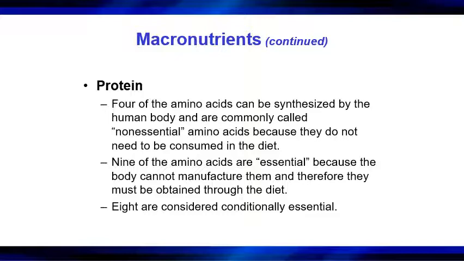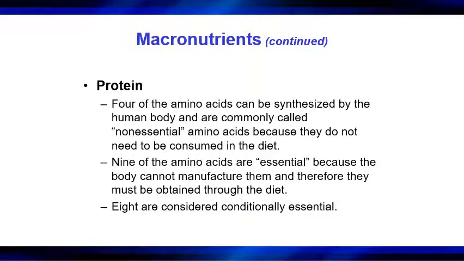And proteins are made up of amino acids. 4 of the amino acids can be synthesized by the body and are considered non-essential amino acids because they don't need to be consumed in the diet. 9 of them are essential because they cannot be manufactured in the body, and therefore they need to be obtained through the diet. And then you have what are called conditionally essential.